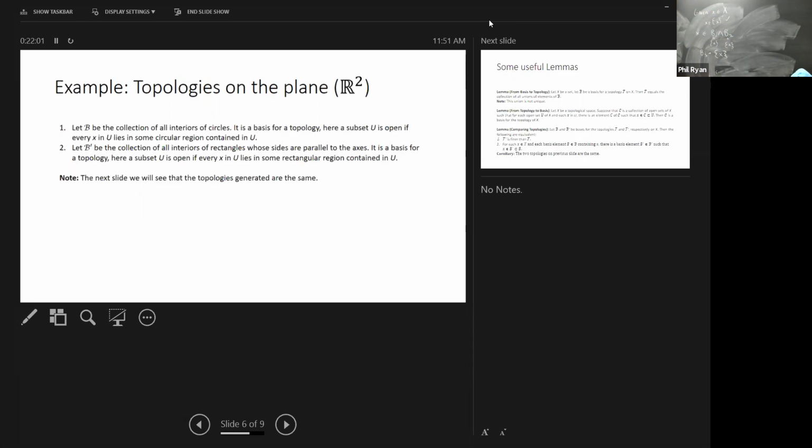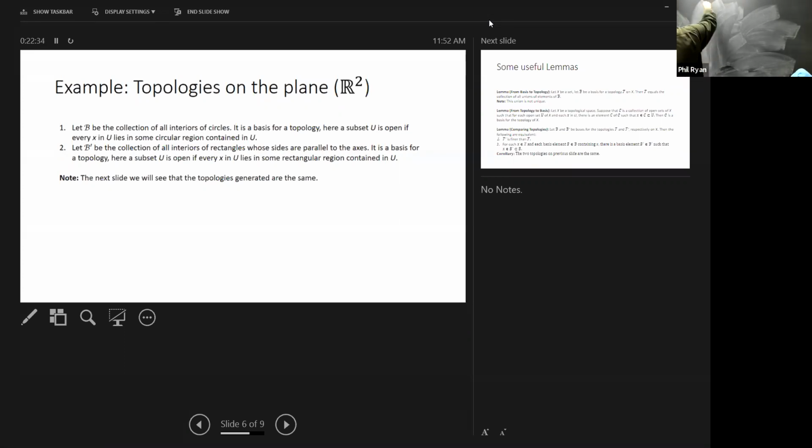So let's have a look at the plane R2, and here are two topologies that we can put on it. Let our basis be the collection of all interiors of circles.